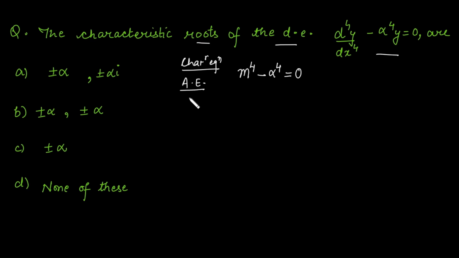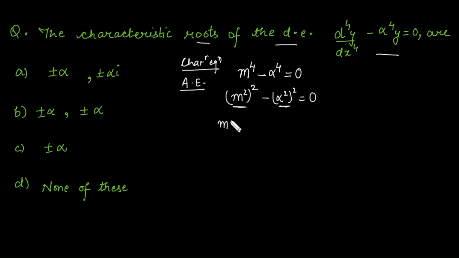So from here, what are the values of m? So we can write it as m square whole square. We can split this term into this form. Similarly, alpha raised to 4 is split as this. So this is equal to 0. Now we can take it as a square minus b square.